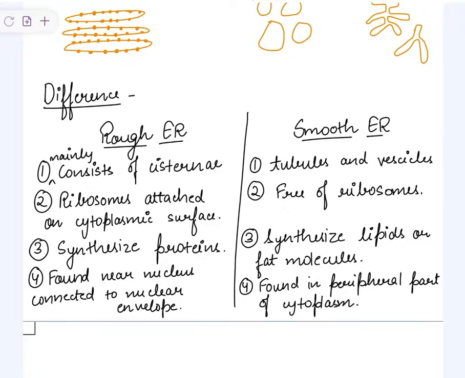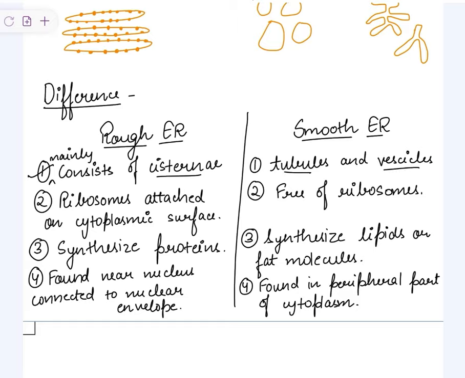So RER is rough endoplasmic reticulum. It mainly consists of cisternae. So RER is majorly composed of cisternae. Other structures may be present as well, but they are majorly composed of cisternae. Smooth endoplasmic reticulum is mostly composed of tubules and vesicles only.